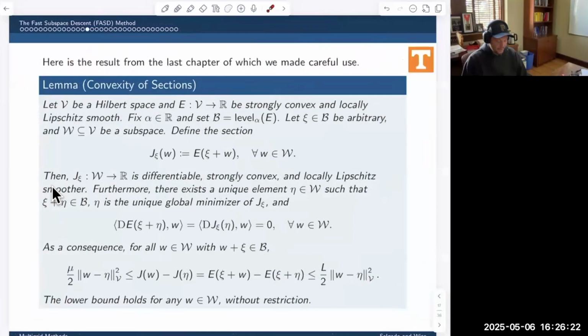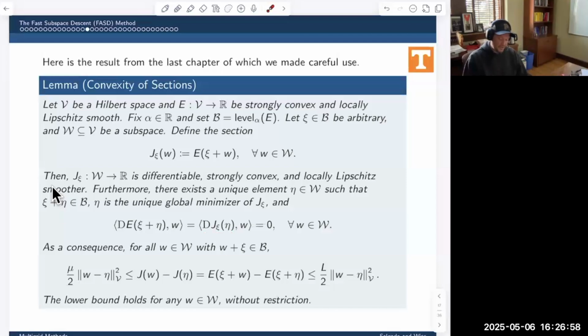Now, what was it that we used from the previous chapter? Remember I said we use that orthogonalization step at the end, and that comes in right here. If we use that orthogonalization, we have some statement like this or like this, and that's required for me to get this lower bound involving the energy sections. So it's precisely this lower quadratic trap that I'm using for that energy section.